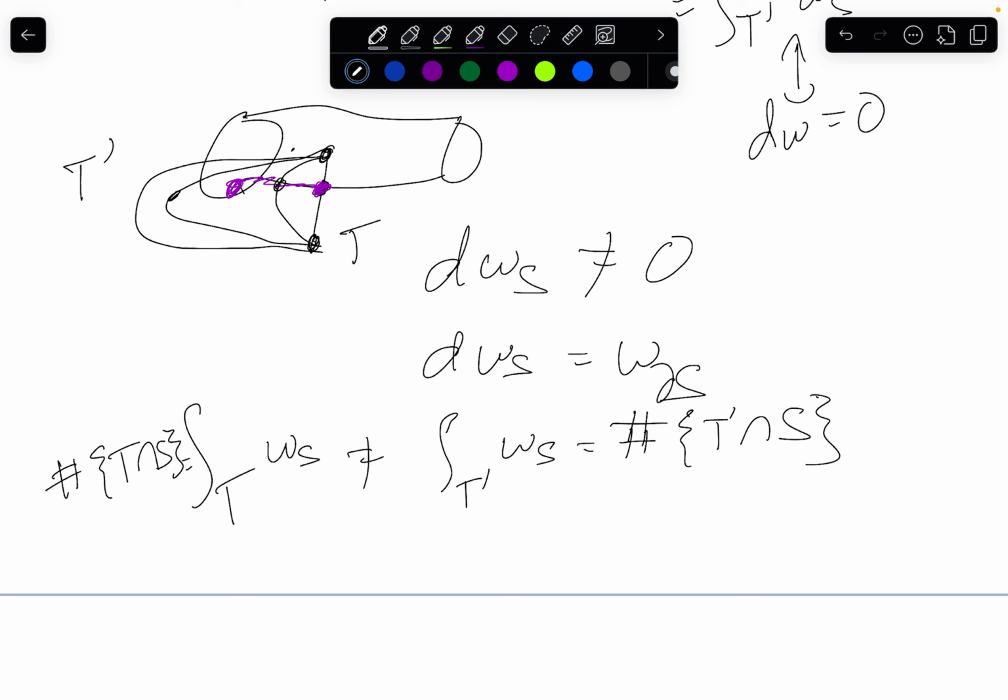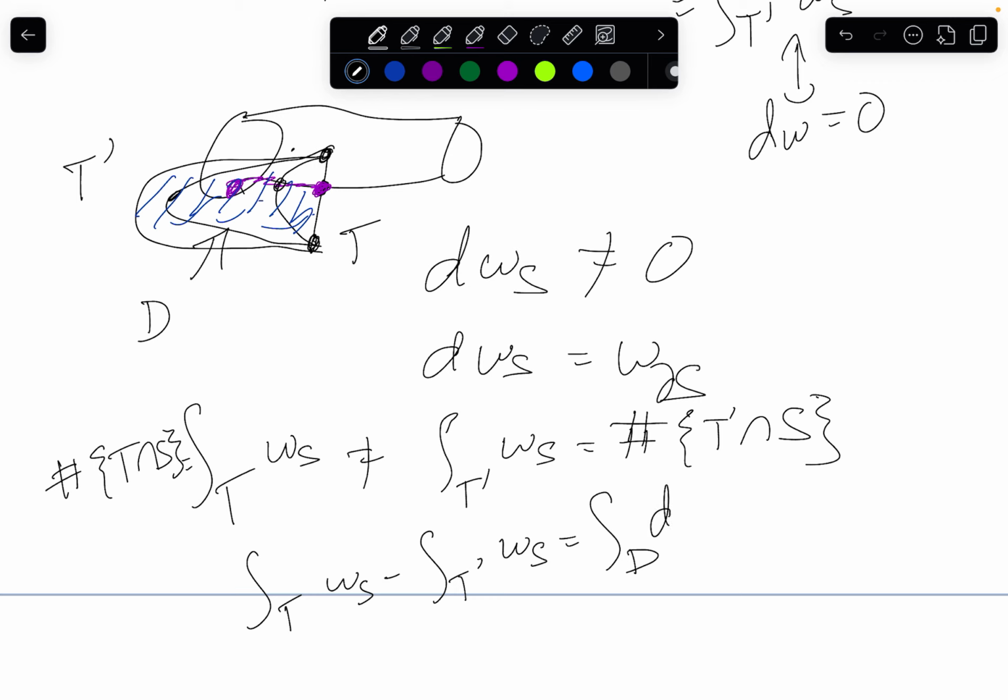So one way that we can measure this is we can fill in this deformation with a disk, and let's call this space maybe D. And we know that the difference, the integral over T of omega S minus the integral over T prime of omega S, is equal to the integral over D of d omega S, right? This just follows from Stokes' theorem again.